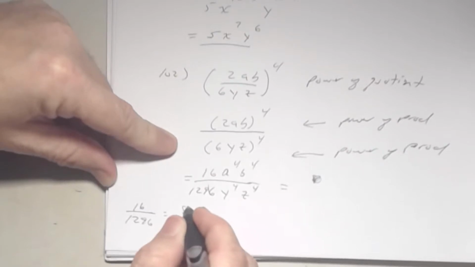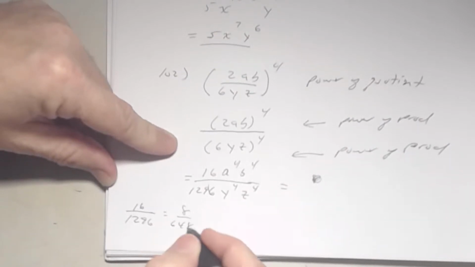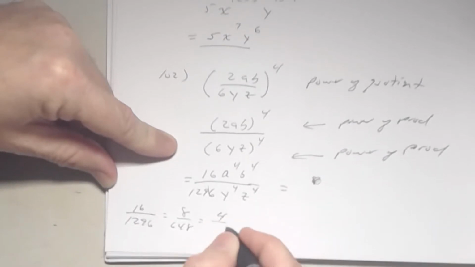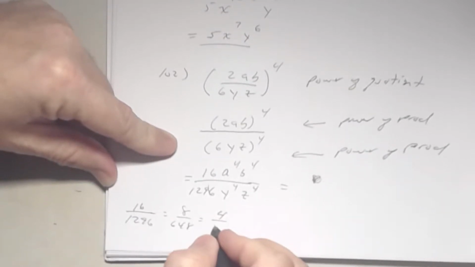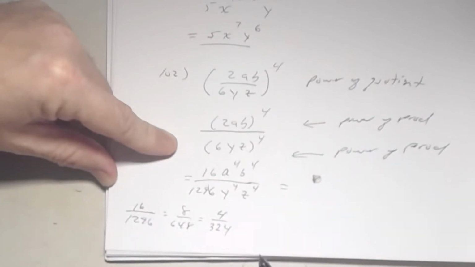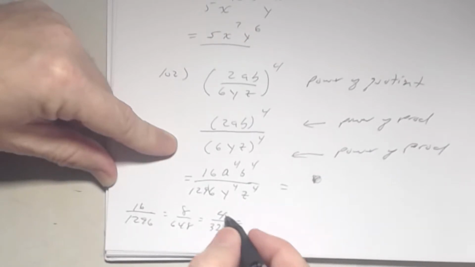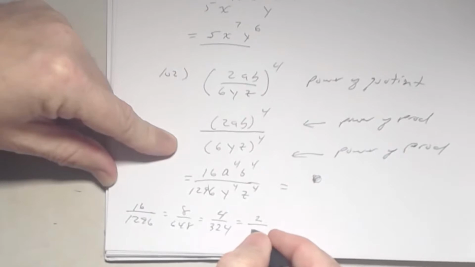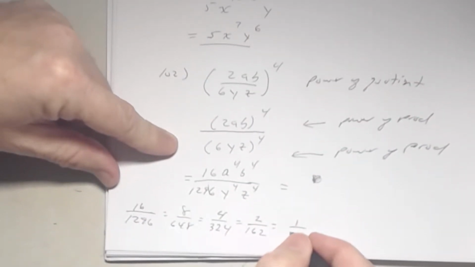Okay. So can I still reduce this? Yes, they're both divisible by 2. 8 divided by 2 is 4. What's 648 divided by 2? 324. Okay. So they're still divisible by 2, right? 4 divided by 2? 324 divided by 2? 162. Thank you. They're still divisible by 2. So that's 1 divided by what? 81.